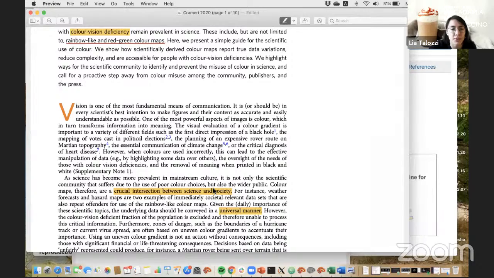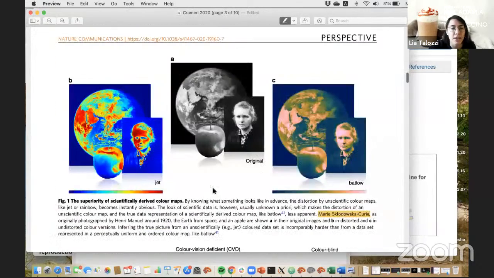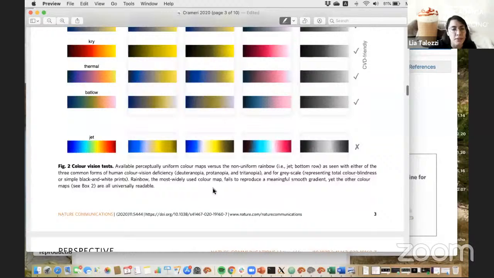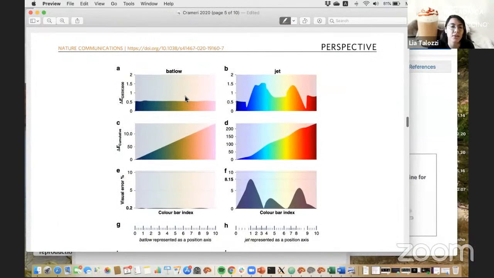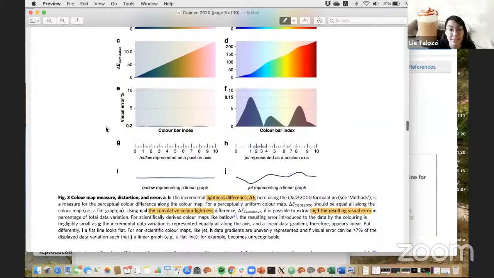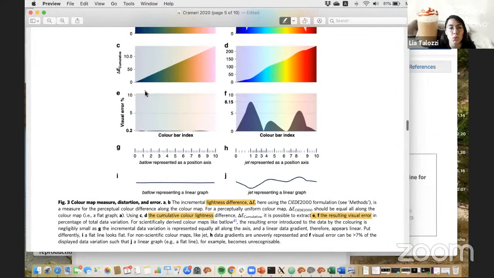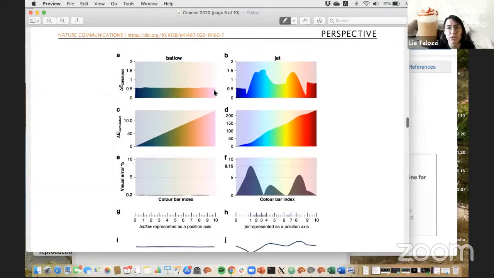Because if you have a color map, let me see. For example, here you can represent the color map as the increase in lightness, and this increase could be uniform. You can see this from this histogram, for example in the Vik color map.